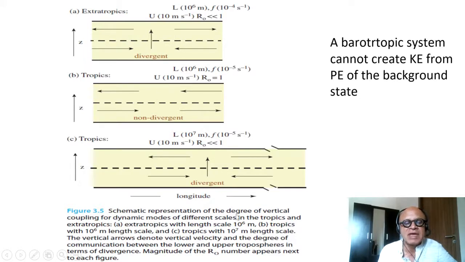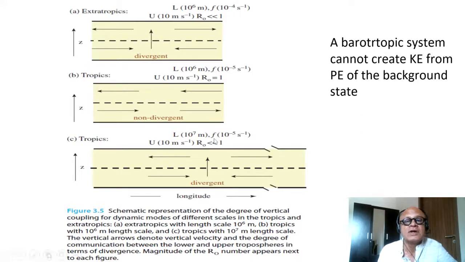So this is the schematic representation of the degree of vertical coupling for dynamic modes of different scales in the tropics and extratropics. We are looking at extratropics here, tropics with 10 to the 6 meter length scale, and tropics with 10 to the 7 meter length scale, right? So the vertical arrows here denote vertical velocity and degree of communication between the lower and upper troposphere in terms of divergence.